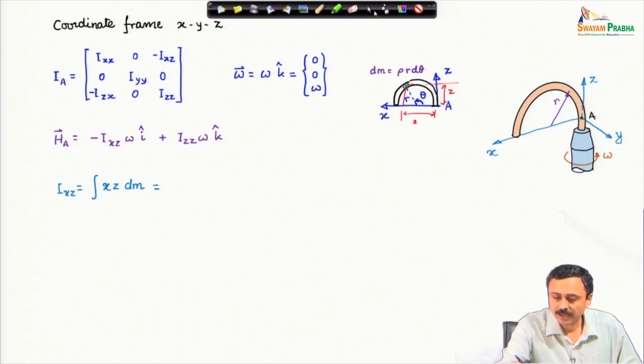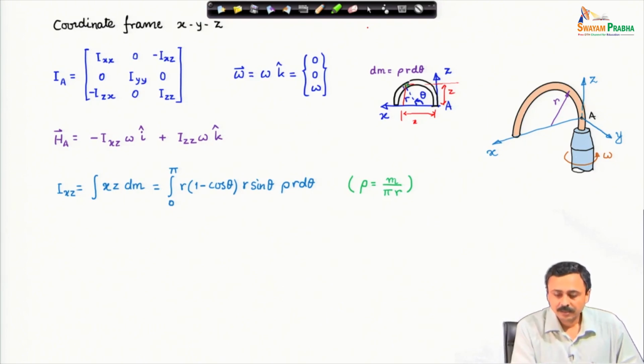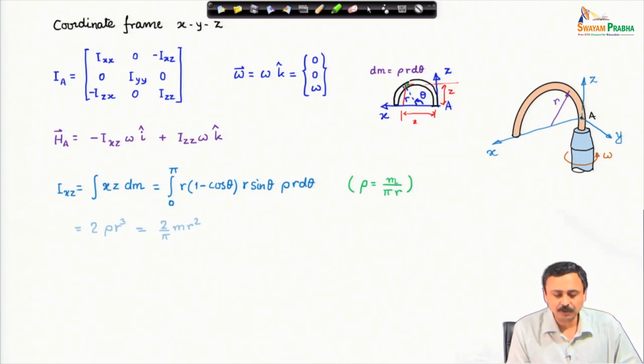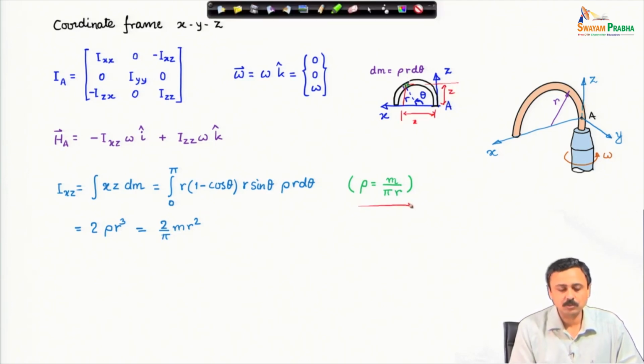This is what I have written out here. The mass per unit length I can find out because m is the mass of this rod and the length is pi r, so rho is m by pi r. Now, I have to perform this integral. This integral is straightforward. I finally get 2 by pi m r square, where I have used this definition to eliminate rho.